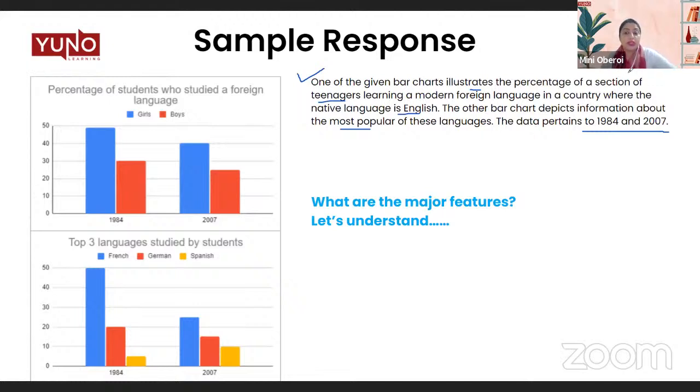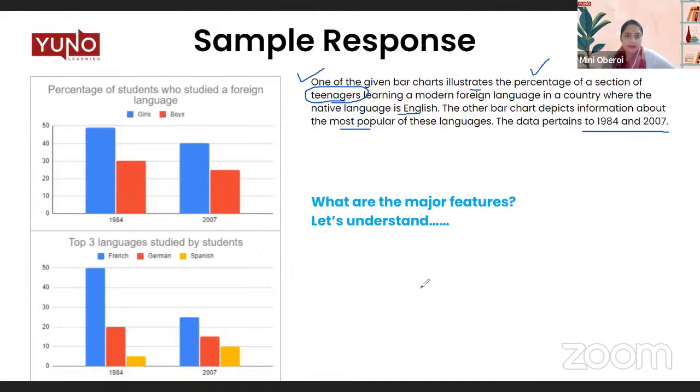We've even mentioned the way statistics are measured or calibrated. And if you can understand, see here, instead of writing boys and girls, we use the word teenagers, right? So this is an alternate vocabulary word. This is what we mean by higher vocabulary here, right? After this, what are the major features?